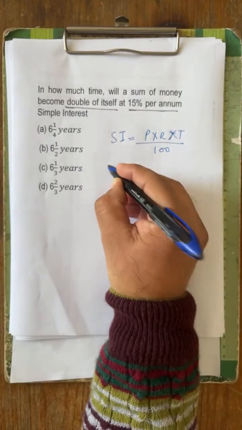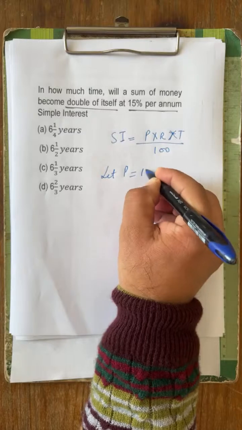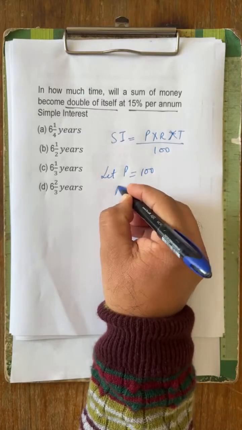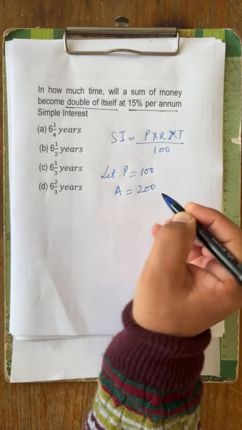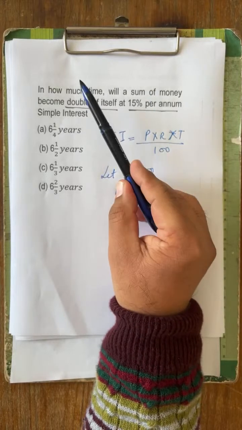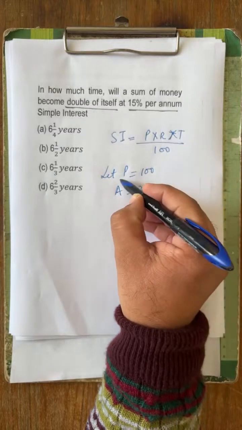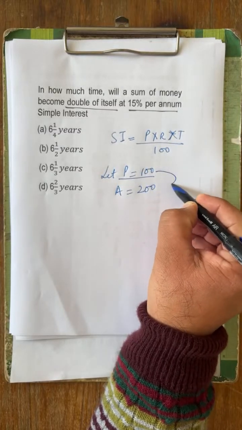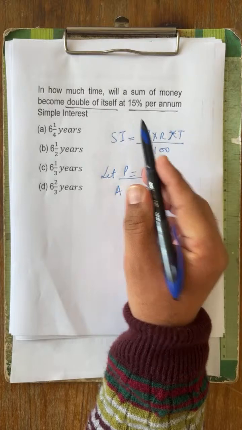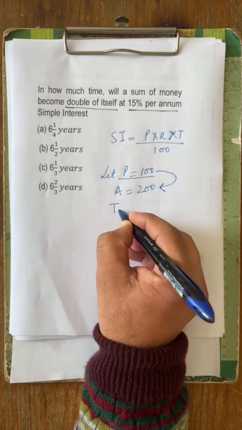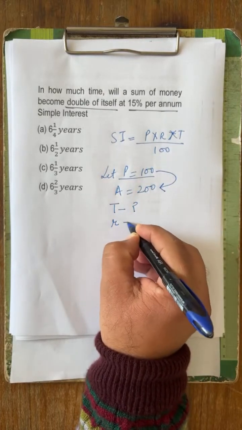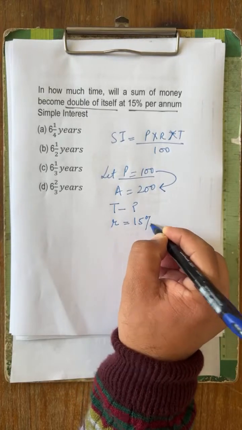One more hint: let the principal be 100, so the amount will be 200, as we have to find the time in which the sum doubles itself. So we have invested the principal 100, so the return will be 200, that is double. Now we have to find the time if the rate of interest is 15% per annum.